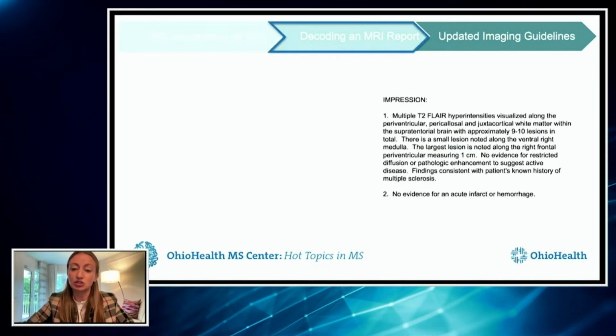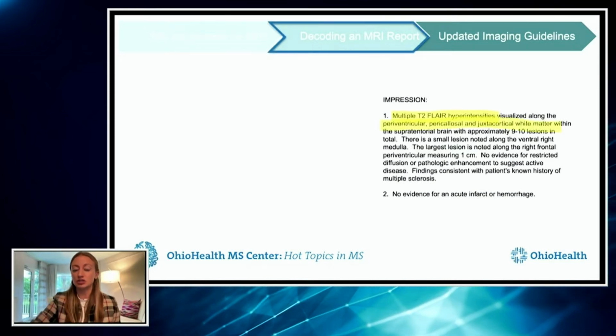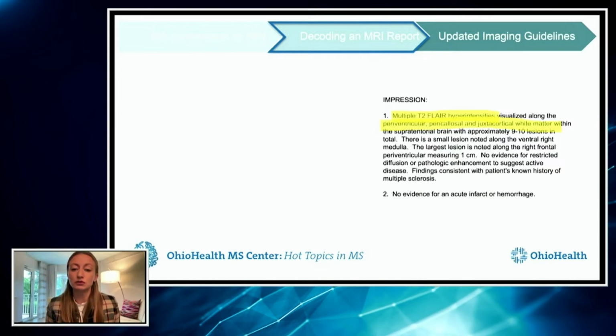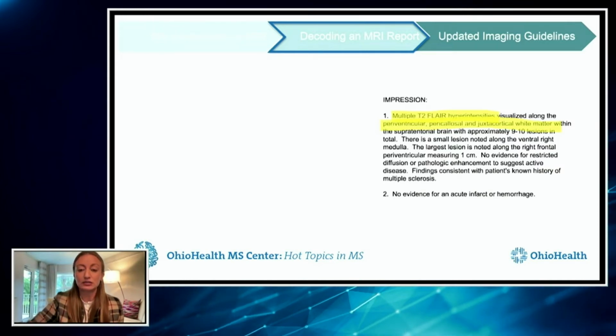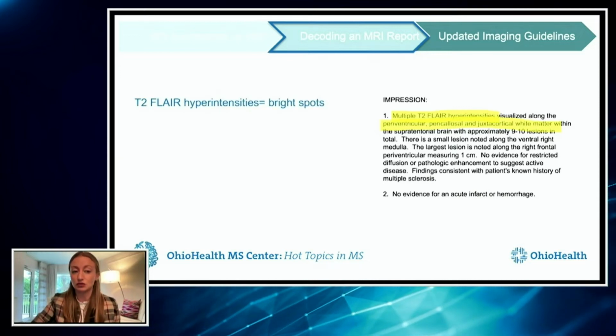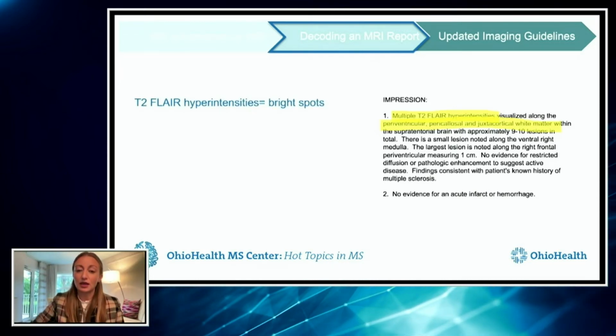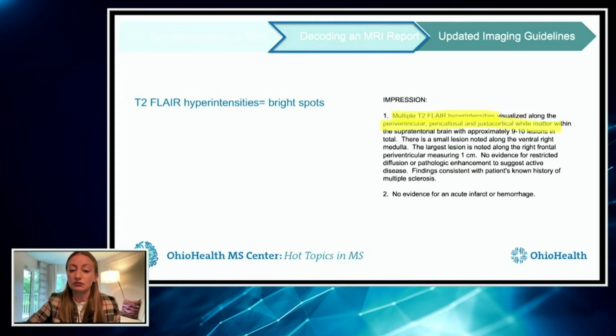So looking at this impression, we see the radiologist mentioned that there's multiple T2 FLAIR hyperintensities. So that means the bright spots on the T2 FLAIR sequence, and that these were in specific regions.